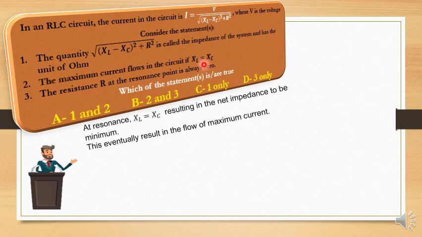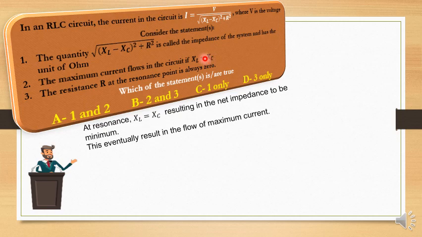this means that the net impedance in the circuit or in the system is minimum at the point when the reactance of the inductor is equal to the reactance of the capacitor.